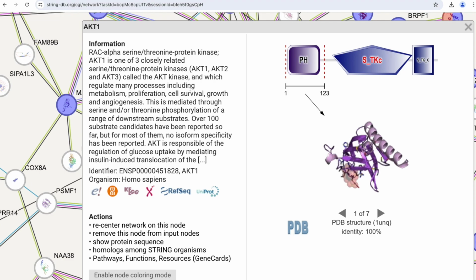Processes including metabolism, proliferation, cell survival, growth, and angiogenesis. If you're a criminal in cancer, these are all the things you want to be able to do, right? I want cell survival, I want to proliferate, I'm going to rev up, we're going to go really fast with metabolism, and then we're going to have a lot of blood vessels to give us food, right?